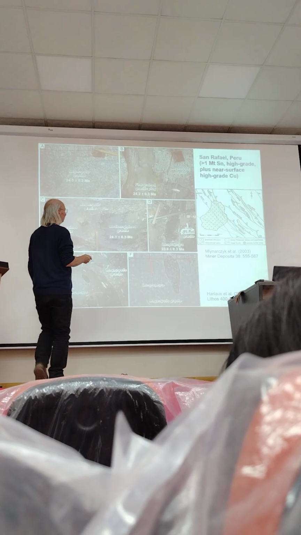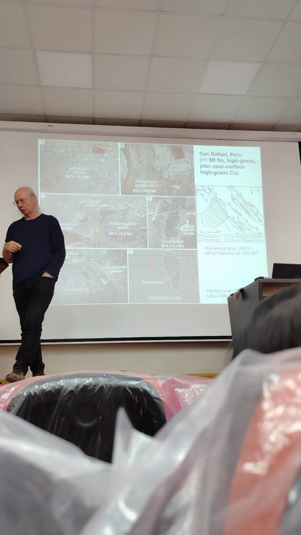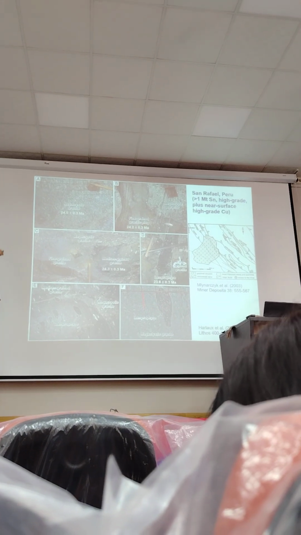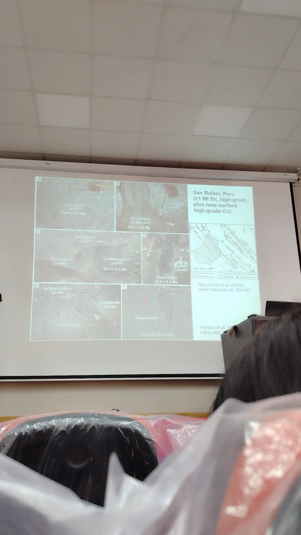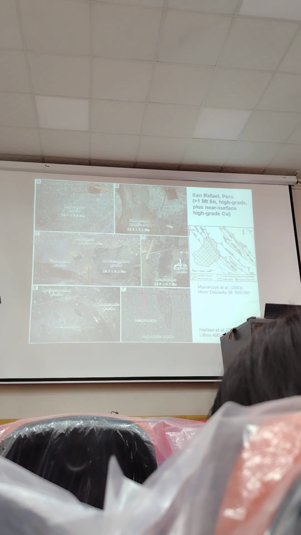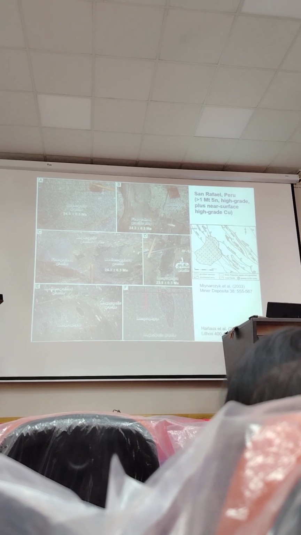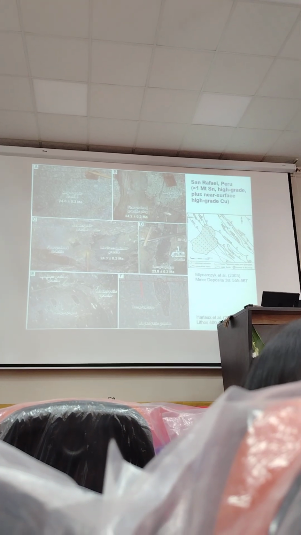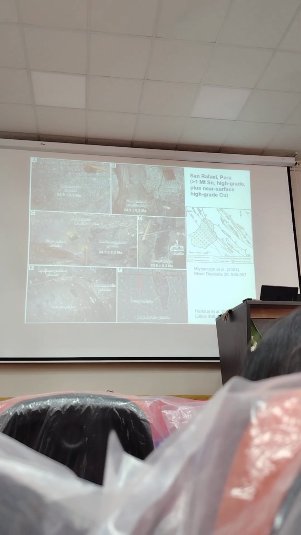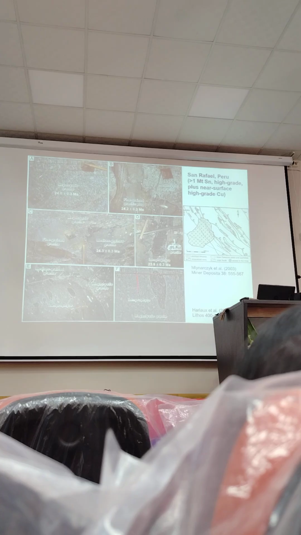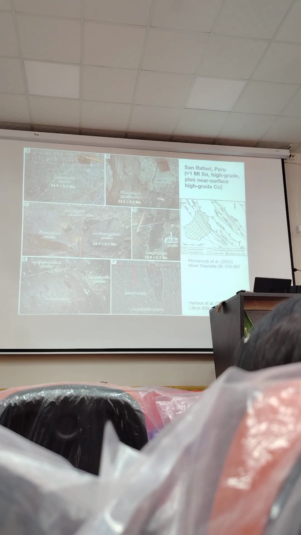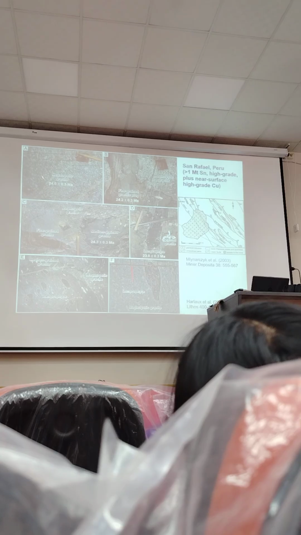Okay. And such textures we see, for instance, in San Rafael in Peru. You know, that's a really big system. Very interesting, it's high grade. It's also a near-surface high-grade copper, not only tin. And this is the megacrystic granite in the mine, underground, 24 million years.